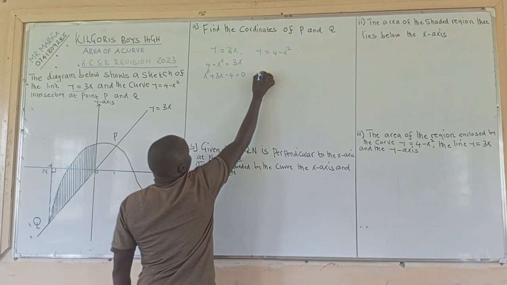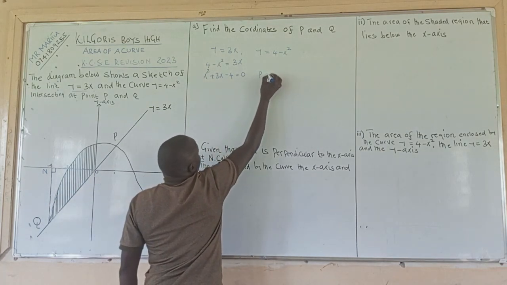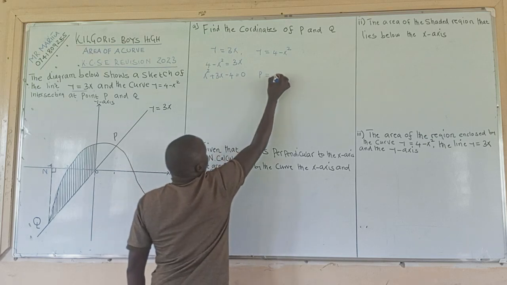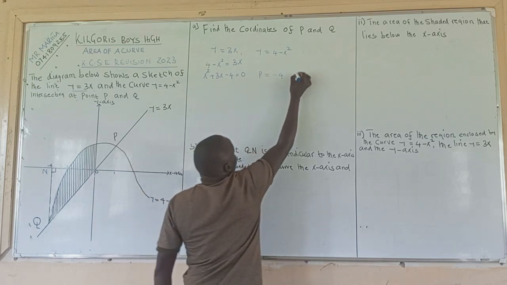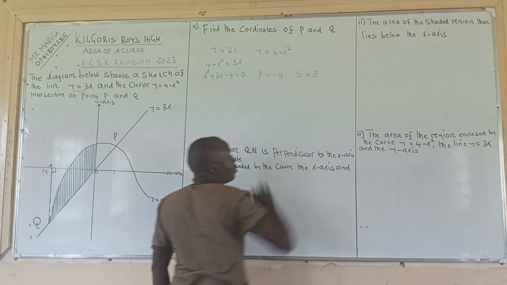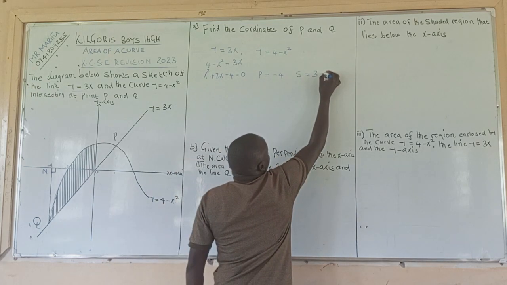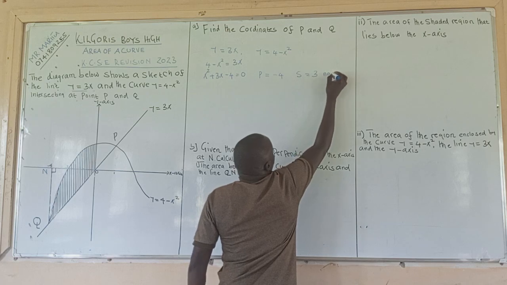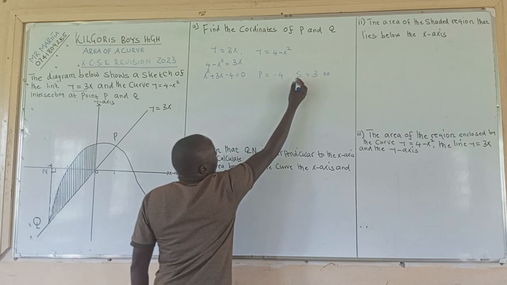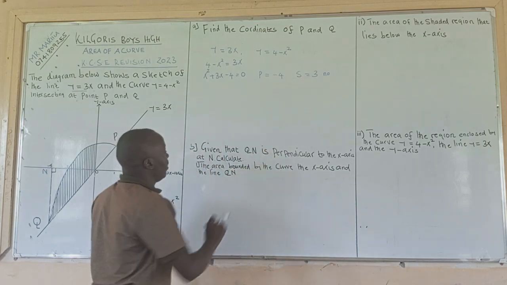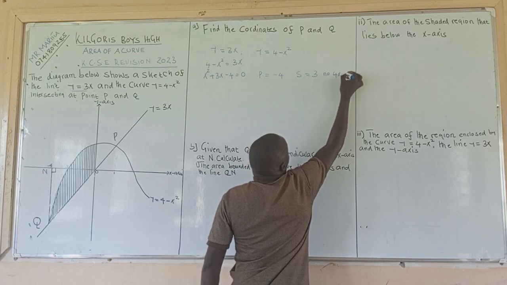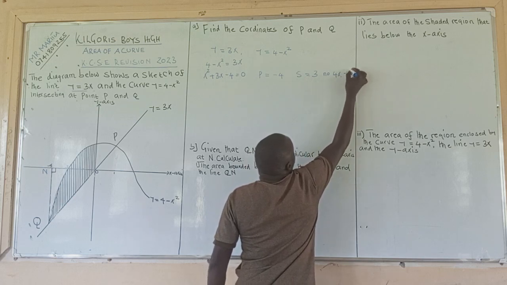So we look for a product of 1 times negative 4, which is negative 4, and a sum of 3. The factors which give a product of negative 4 and a sum of 3 are positive 4x and negative 1x.